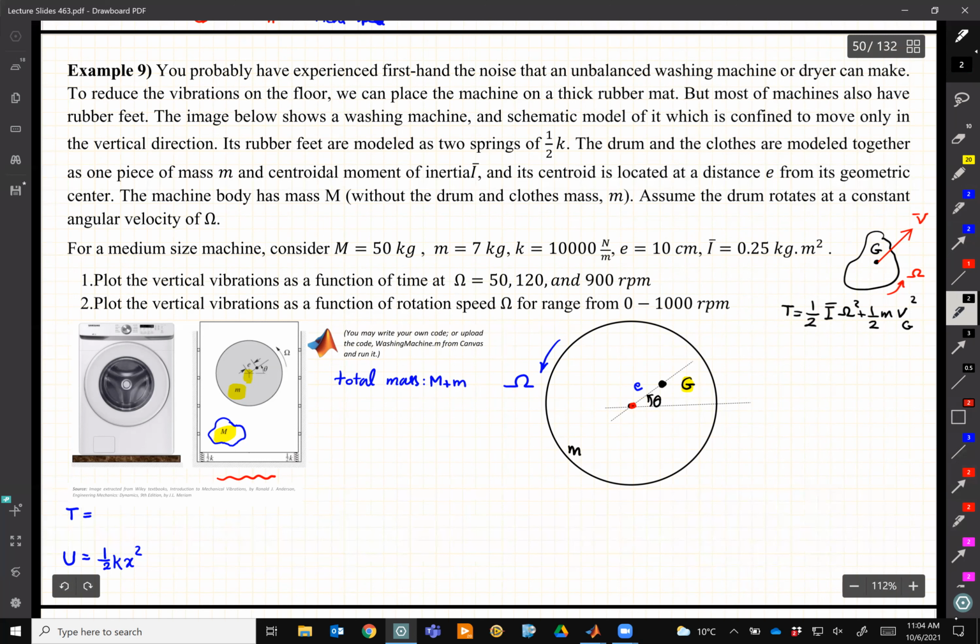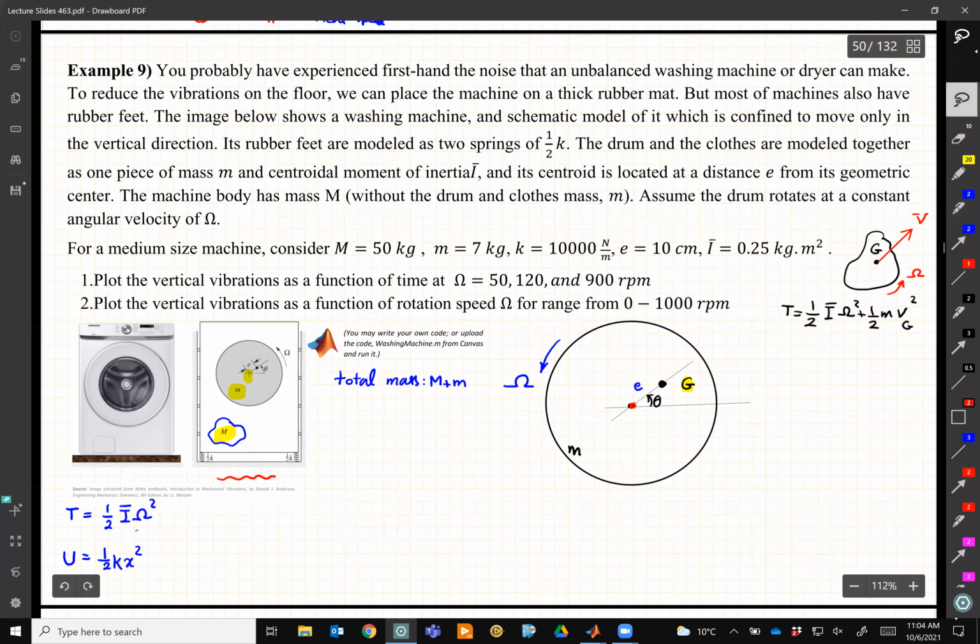So it has to be the velocity of that center. So for this one, as I said, we have rotation, so I'm going to need the first term, half of I bar omega squared. That's one thing.